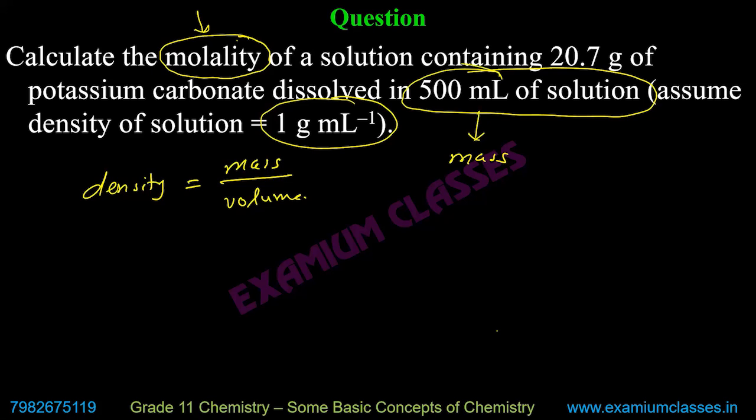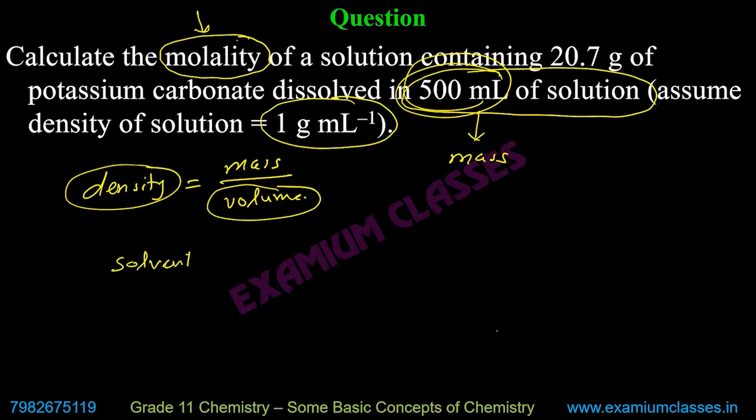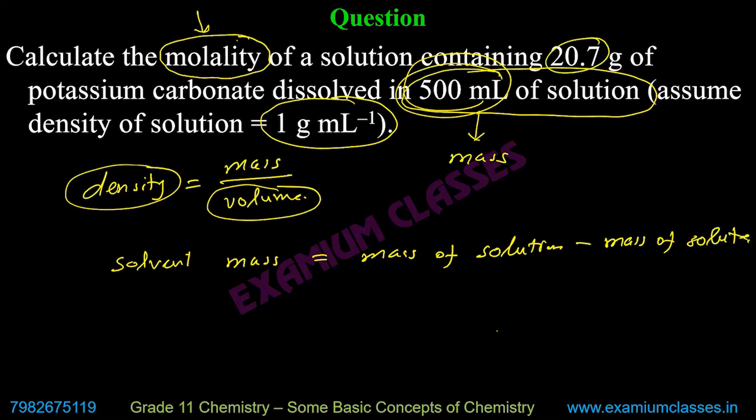Volume is given, 500 milliliters. Density is given, 1. Mass will be calculated, but that mass will be of solution, not of solvent. To get the mass of solvent, you will say mass of solution minus mass of solute. Mass of solute is given, 20.7 grams. Potassium carbonate is the solute.